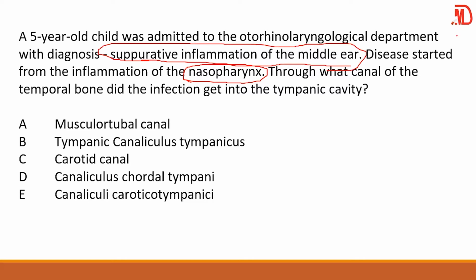Now they are asking, through what canal of the temporal bone did the infection get into the tympanic cavity? Exactly. So here we are talking about the Eustachian tube, also known as the musculotubal canal. So here we are looking at A. All right.